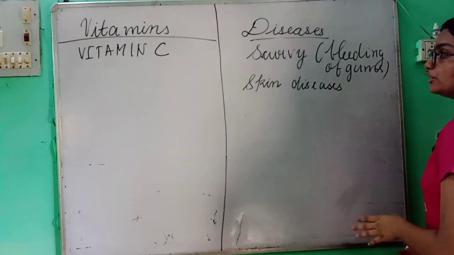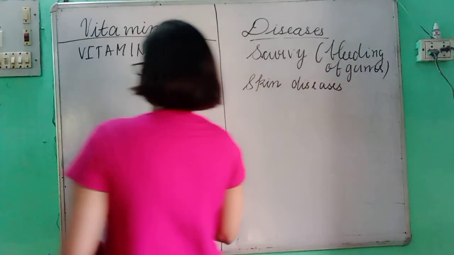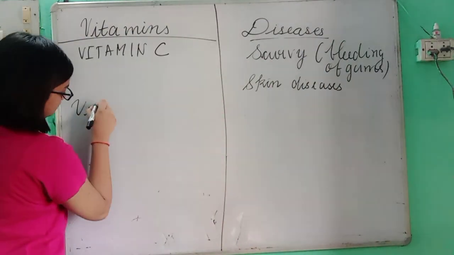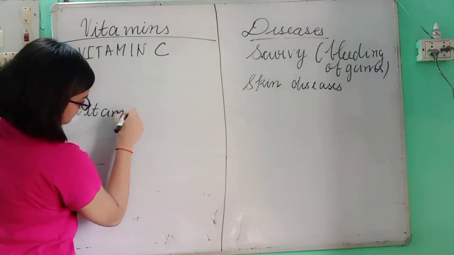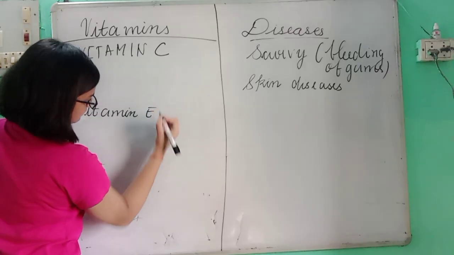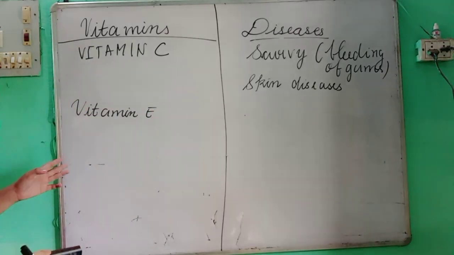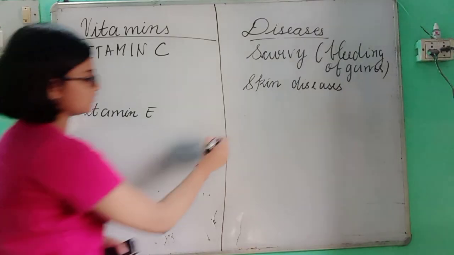Now let us move on to vitamin E. Vitamin E causes 2 diseases: sterility, that is loss of power of reproduction, and muscular atrophy.